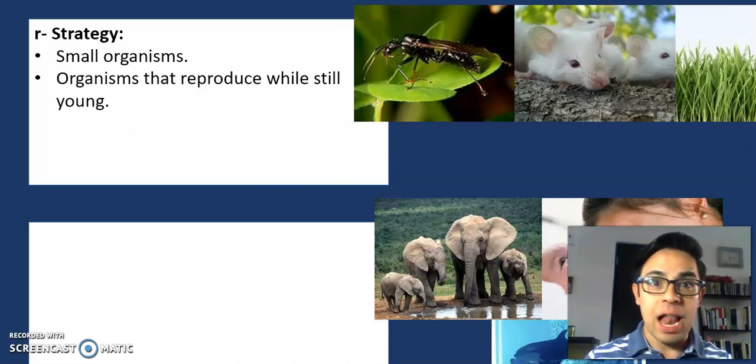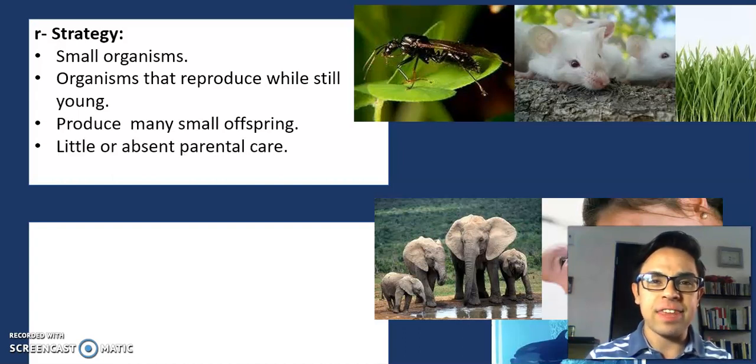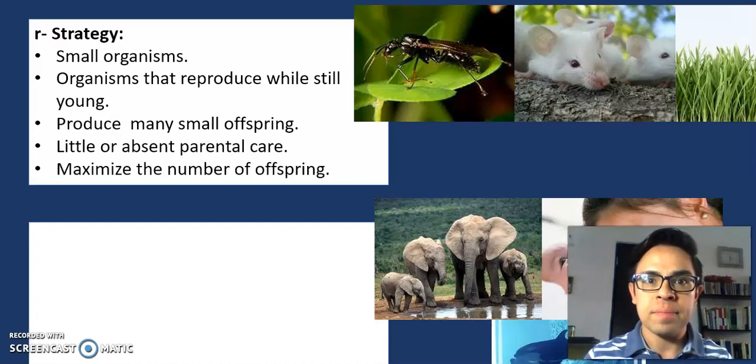They have a lot of offspring and they reproduce very young. Then they're not going to have parental care. And why do they do that? Why do they have a lot of babies and they don't take care of them? Because by having a lot of babies, at least some of them can survive.